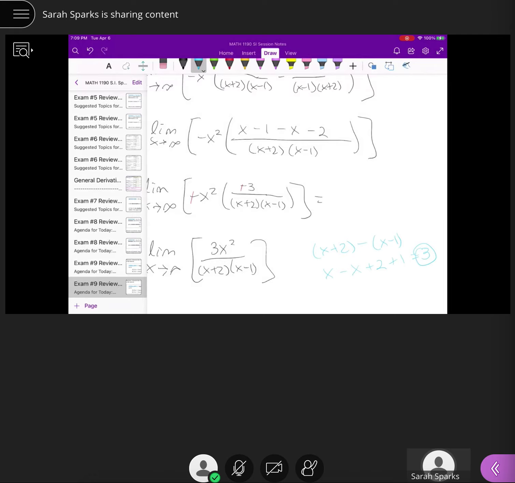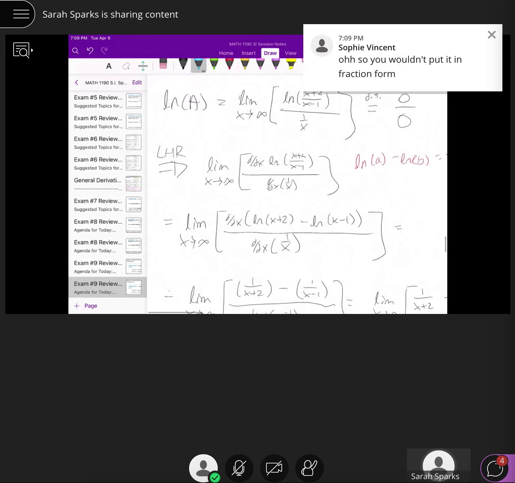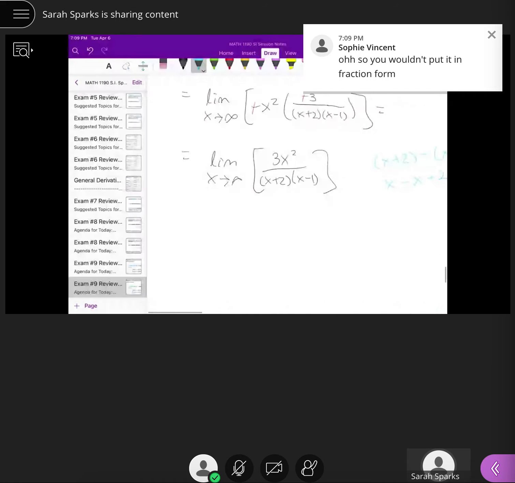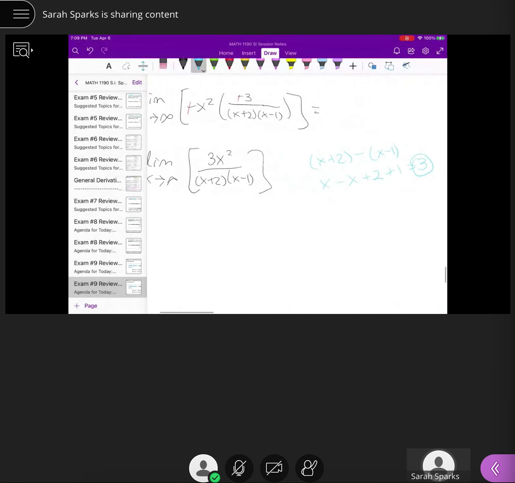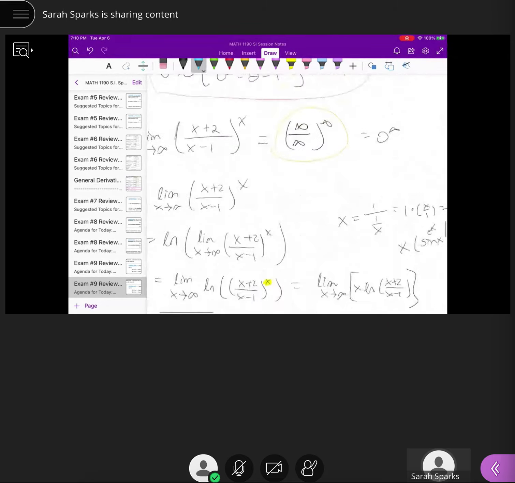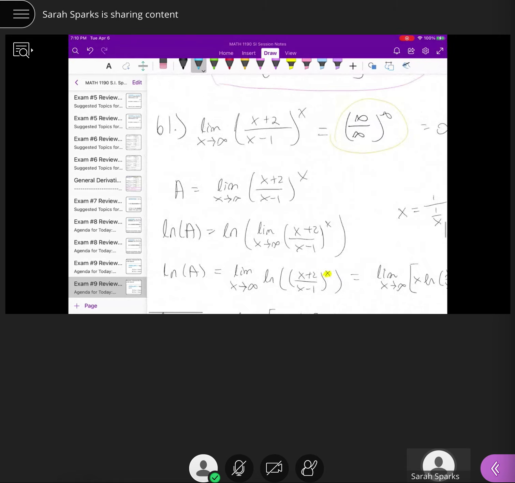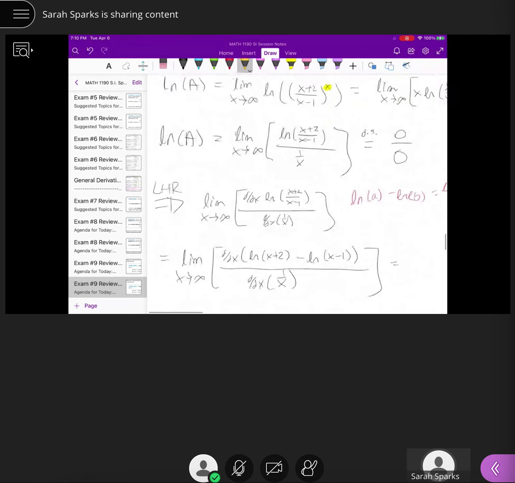This kind of thing is, I don't want to say only for this type of limit, but I really did like this limit. We only put it in fraction form because of the logarithm, right? Initially we set our whole thing equal to natural log of a, and that's how we started with this fraction, and then we got it into two separate parts.